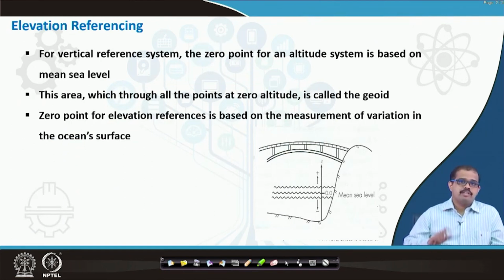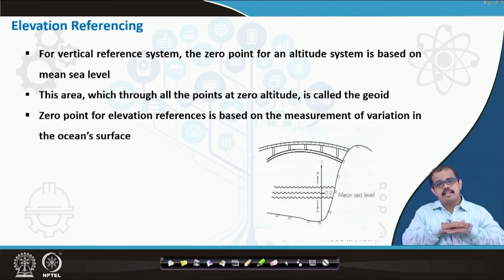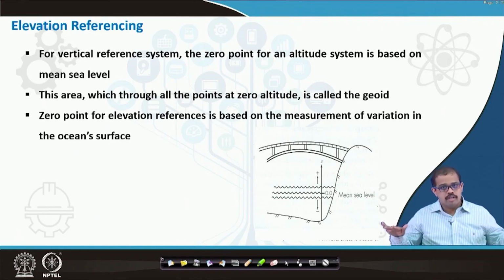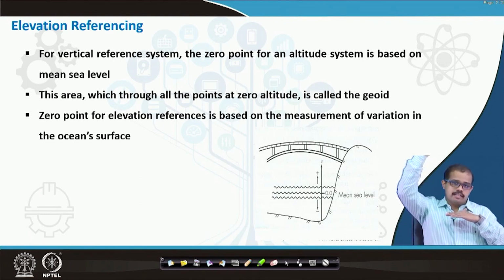Now let's go into each of these kinds of referencing and look at why it is important and how we look at it. The first kind of referencing is elevation referencing. When we consider any vertical referencing system, the 0 point of an altitude system is based on the mean sea level. So when I say mean sea level, you have 0 as a reference point, that means sea level is 0 altitude, and based on that you start to look at the vertical space.